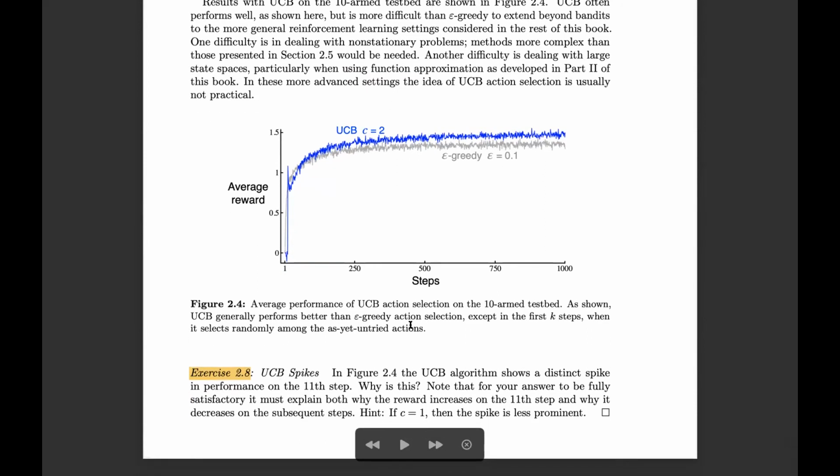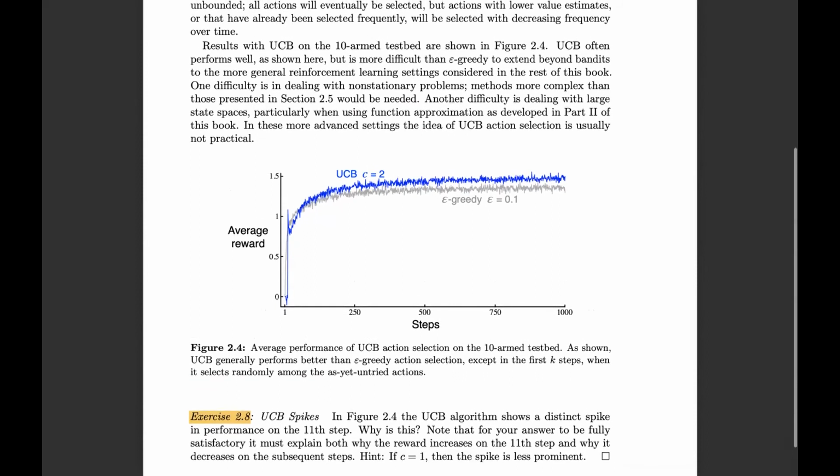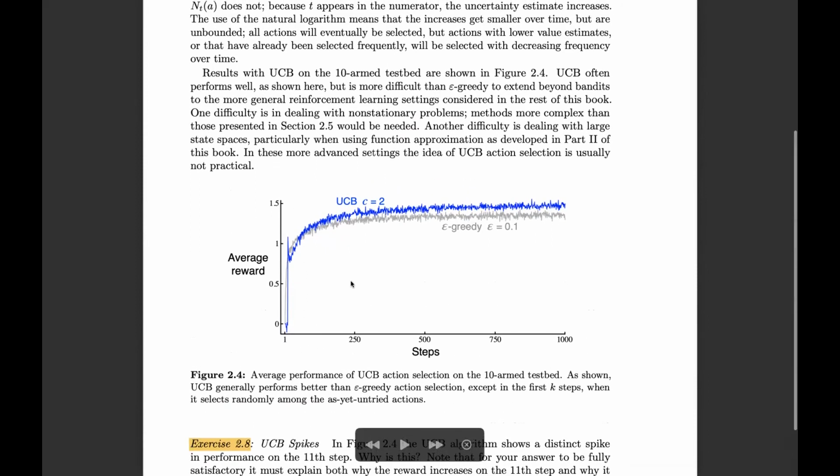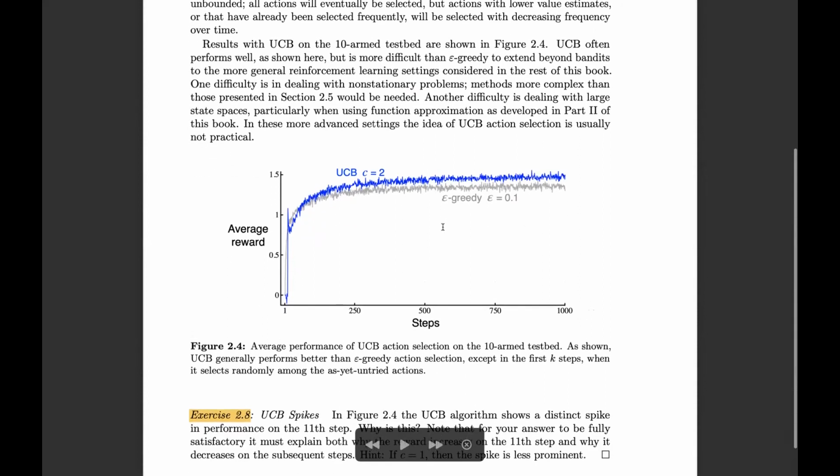Cool. So due to this reason, they explain that UCB, upper confidence bound, is slowly better than epsilon-greedy. It shows nice average performance.